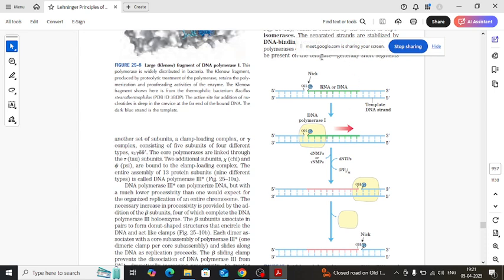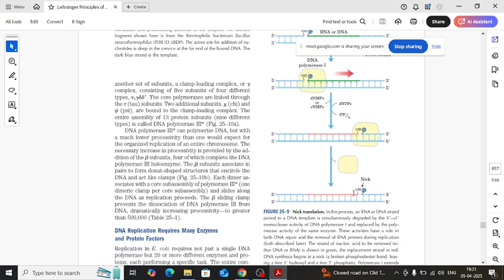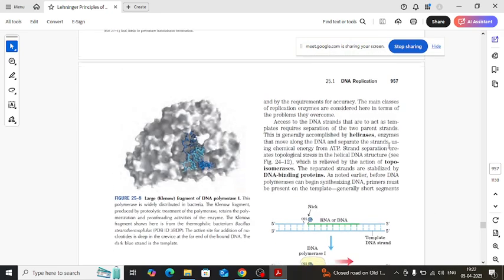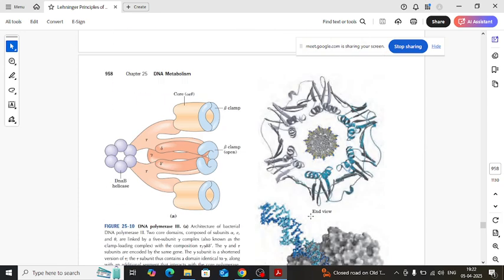It will remove the RNA or DNA element, which is green color, and show its 5' to 3' polymerase activity to incorporate the dNTPs, which is pink color. It will extend till here, then dissociate, and the nick will be sealed by the DNA ligase. That is called nick translation by DNA polymerase 1.